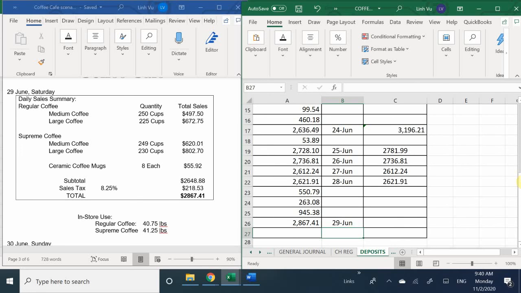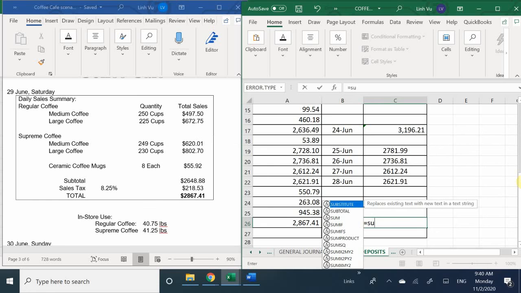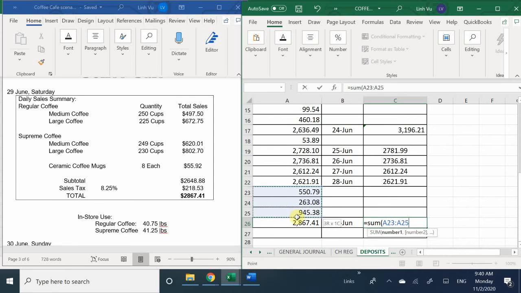accumulate everything and go to the bank and deposit a grand total of 81 plus 26.12 plus 2,629.91 plus 2,867.49.